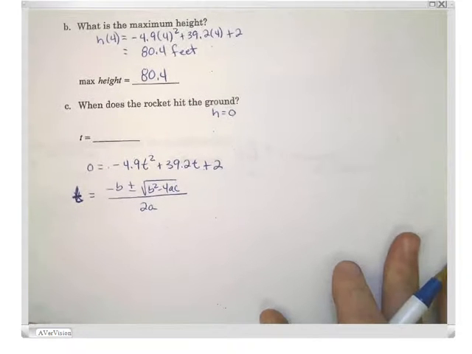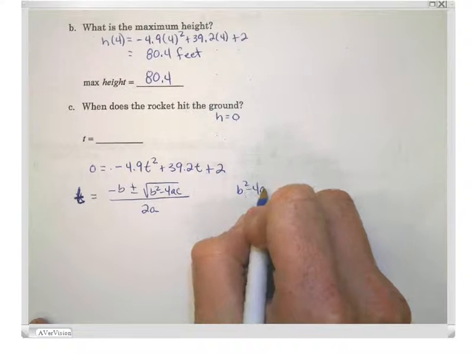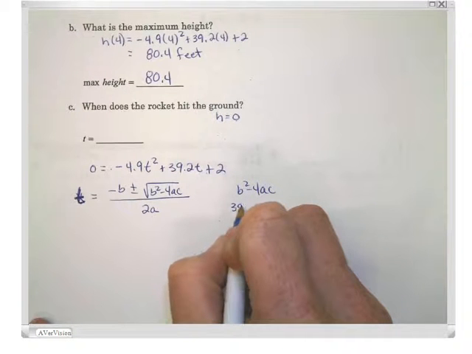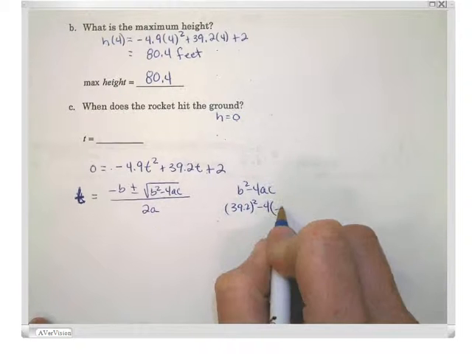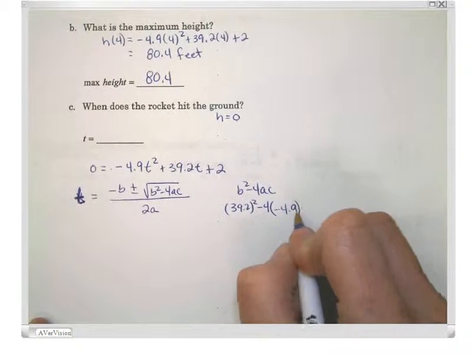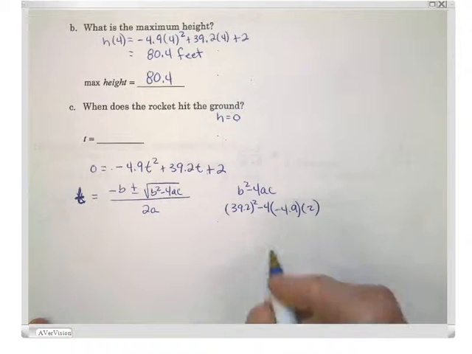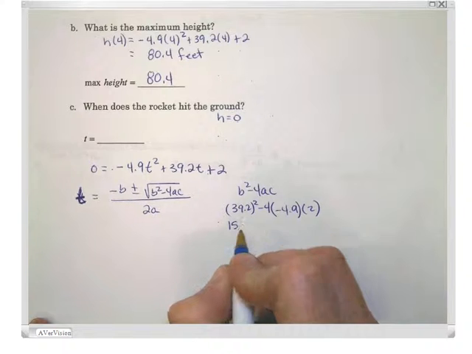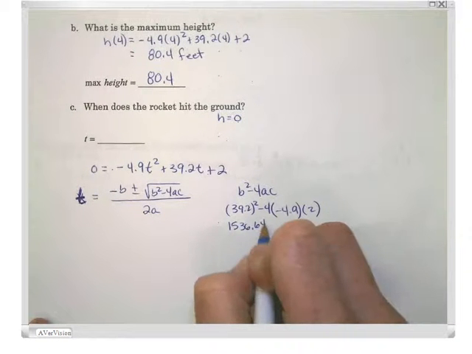I'm going to evaluate the discriminant first. b squared minus 4ac, 39.2 squared minus 4 times negative 4.9 times the c, which is 2. So 39.2 squared is 1,536.64.